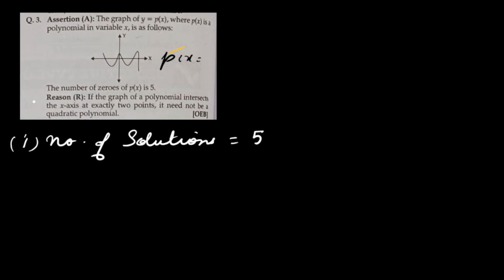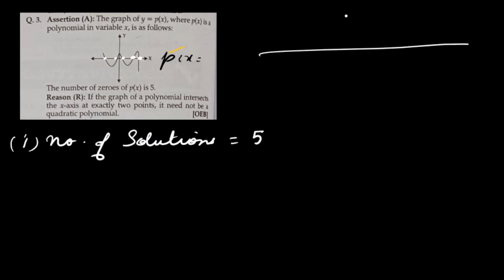5. So always remember one thing. Wherever the curve intersects the x-axis, that many number of solutions are there. So wherever here the curve is intersecting the x-axis, at how many points? 1, 2, 3, 4, 5.